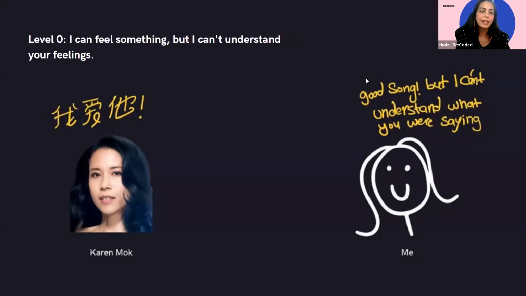It's not empathy at all. The reason behind it is that we were speaking different languages. We cannot understand what she was saying. But on the other hand, we can feel something. We know she's going through something as well, but we couldn't understand her. But we had our own feelings. So this is exactly the meaning of sympathy.